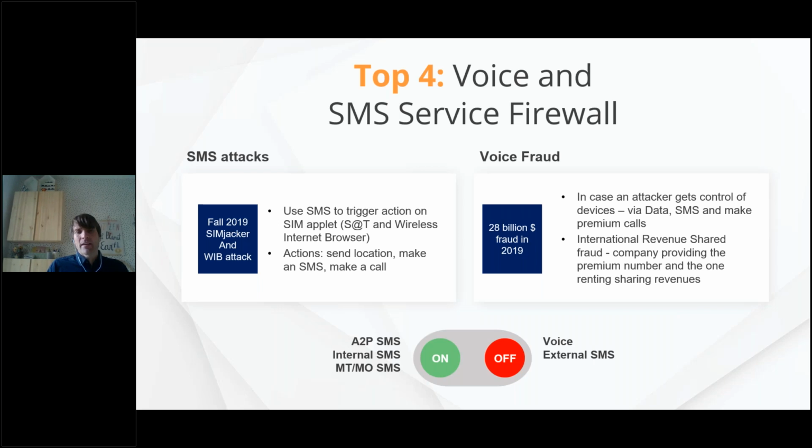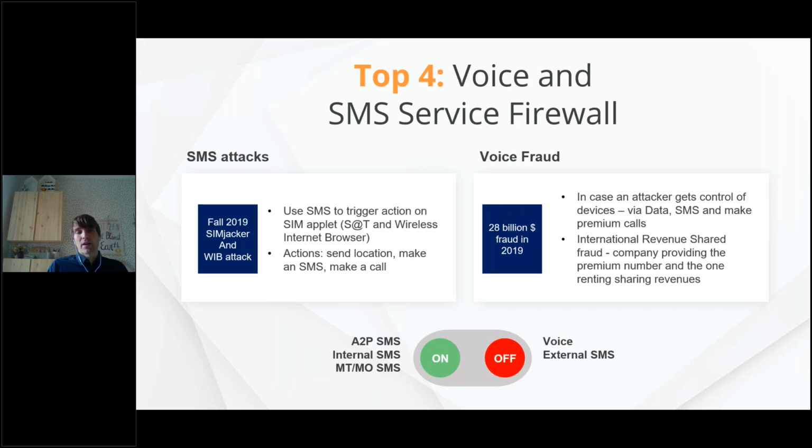Usually they check if the originator of the SMS is really the operator, the cellular connectivity provider. But in this case, these SIM applets did not check this. This made them vulnerable, because attackers could send SMS to the SIM applets, and the applets were able to do certain actions on the device.